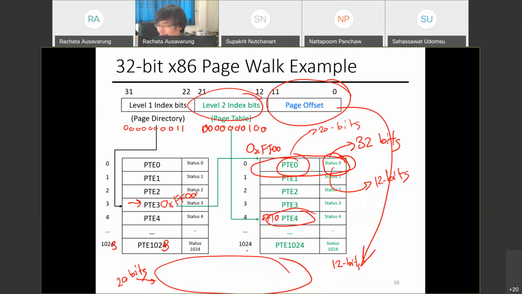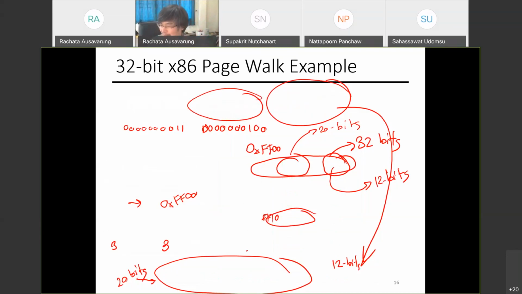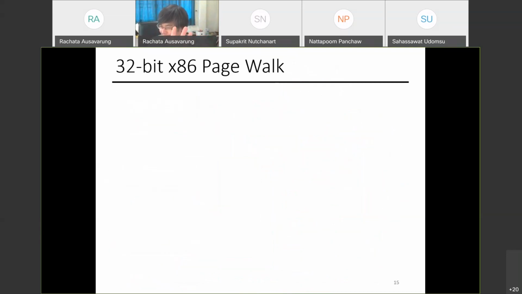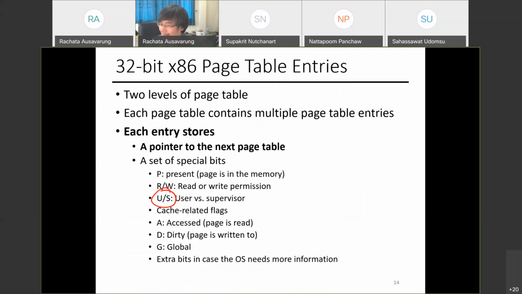I know it's a bad thing because it can confuse you, but these are the status bits. They tell whether you have the page in memory or not. They can tell whether you have the read and write permission, which can trigger a segmentation fault as well. Let's say you want to write into some location that's read only. The OS will tell you you can't write into that location.